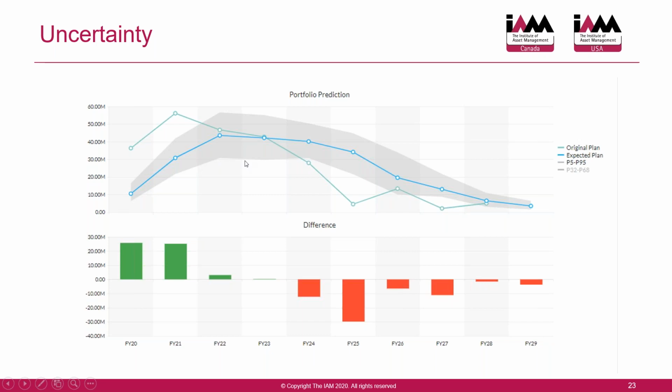So obviously providing this information to the rest of the organization can be very helpful to help them better understand the chances of overspending or underspending, so they can make contingency plans accordingly. And of course, you can do the same. I'm showing predictions around spend, but you can do similar predictions around availability or reliability, or of course, resource requirements too.